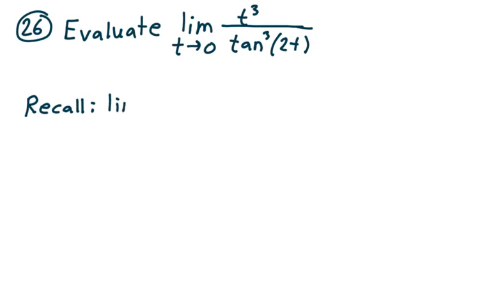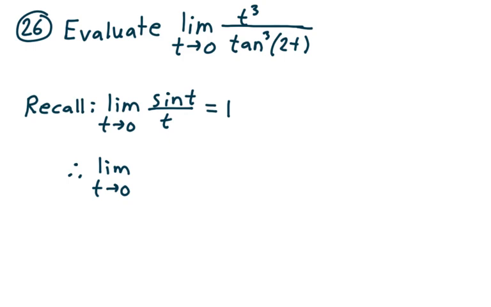The limit as t goes to 0 of sine t divided by t is equal to 1. So, therefore, the limit as t goes to 0 of t over sine t, I claim that's also equal to 1. Okay? Now, let's focus on a piece of this.